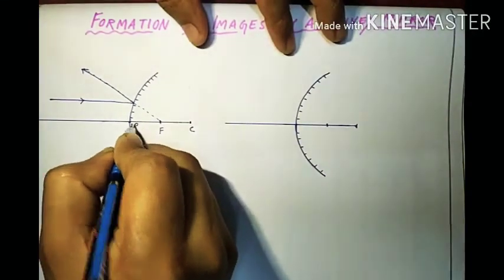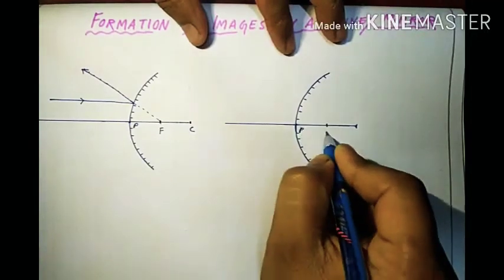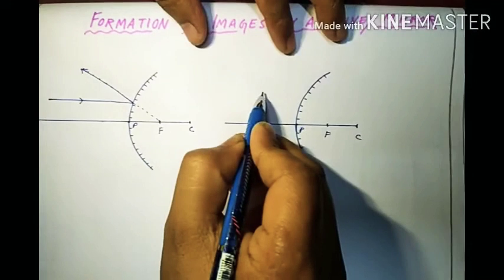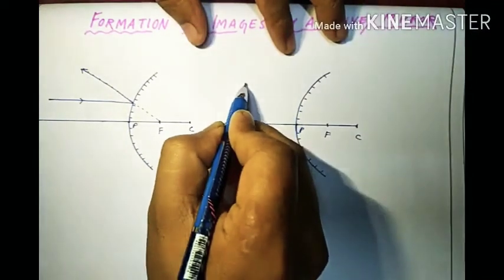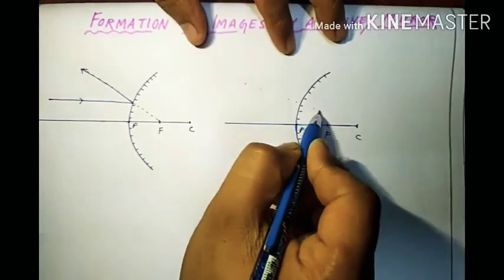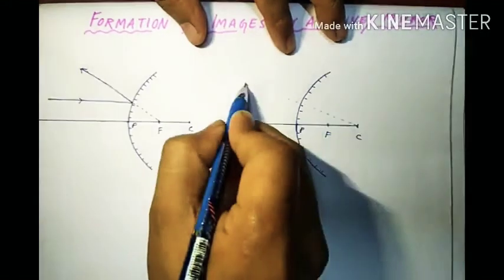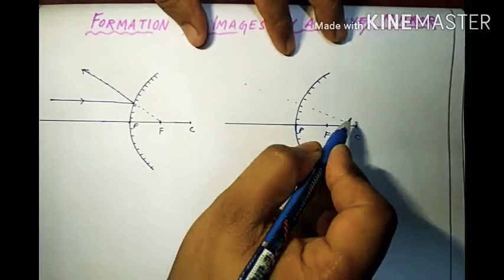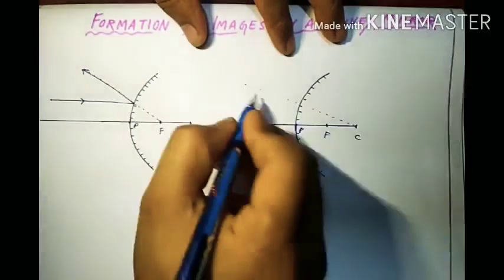Here it is the pole. In this case also it is pole, focus point, center of curvature. But in this case our incident ray is actually traveling towards the center of curvature, which is behind the mirror.